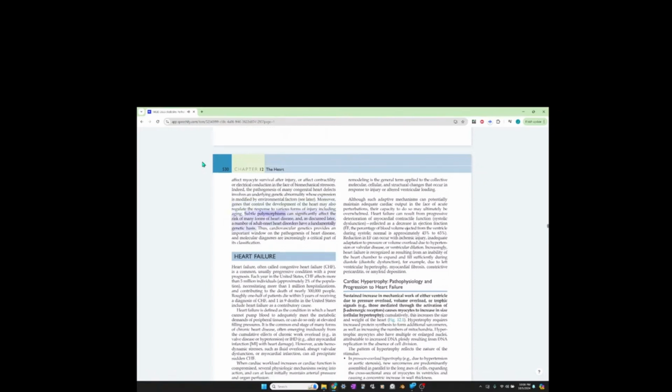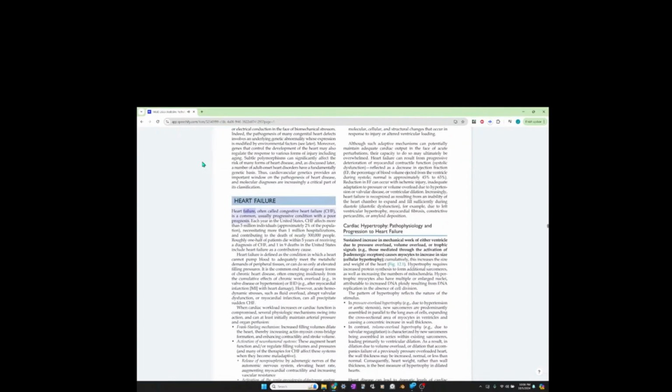Moreover, genes that control the development of the heart may also regulate the response to various forms of injury, including aging. Genetic polymorphisms can significantly affect the risk of many forms of heart disease, and, as discussed later, a number of adult-onset heart disorders have a fundamentally genetic basis. Thus, cardiovascular genetics provides an important window on the pathogenesis of heart disease, and molecular diagnoses are increasingly a critical part of its classification.